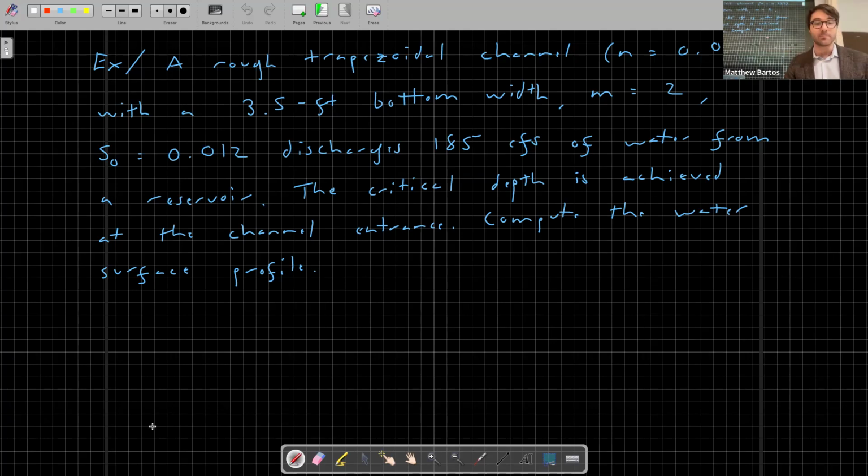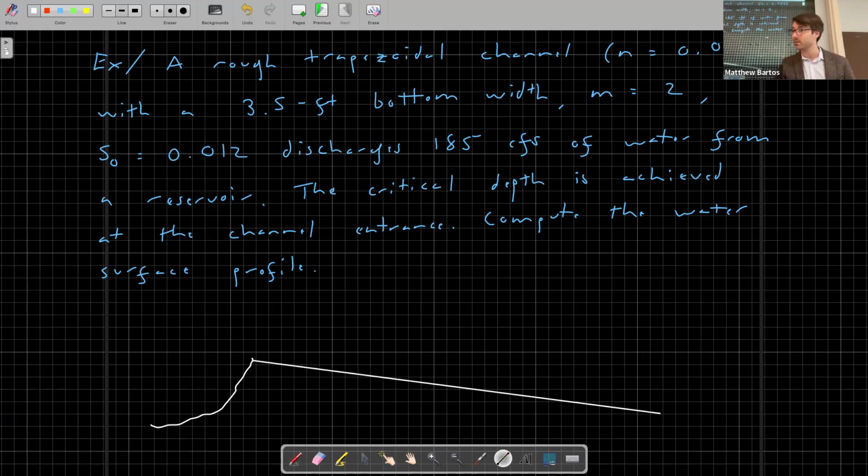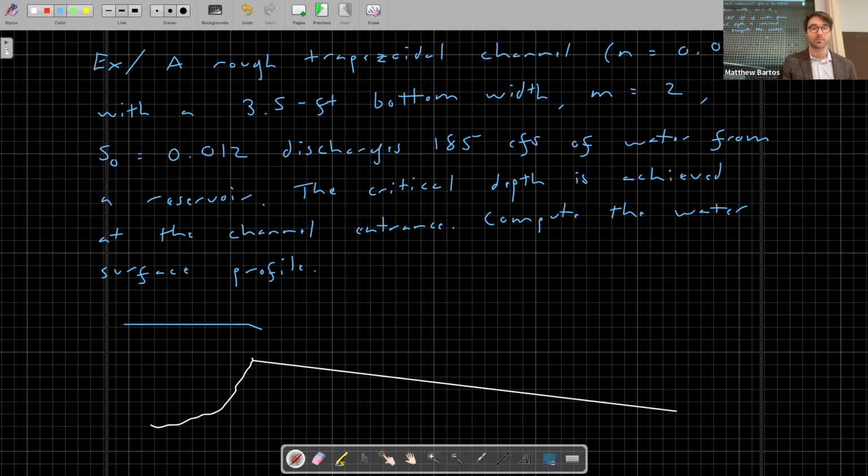So we have a reservoir. It is draining into a steep channel. There is some water surface elevation in the reservoir. And then at the channel entrance, the water achieves the critical depth. And then it's going to go down and obtain supercritical flow on the steep channel.